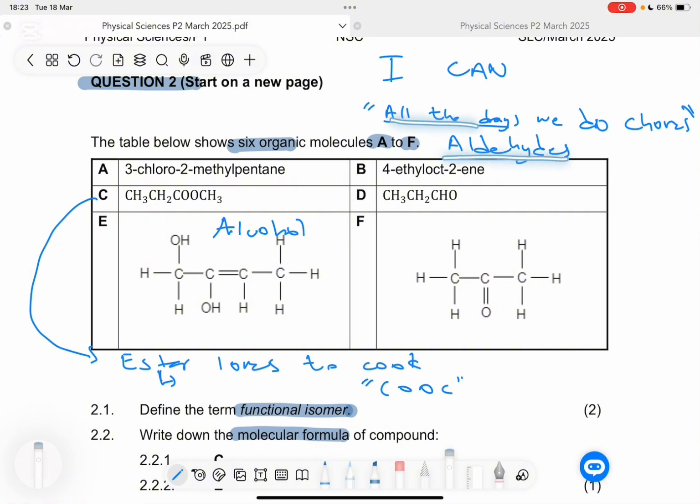All the days for aldehydes, and we get CHO here. So when I see CHO here, I know that it is a homologous series or a class of aldehydes, right? And it is then given by that CHO.